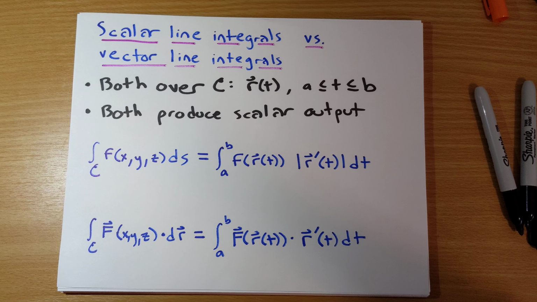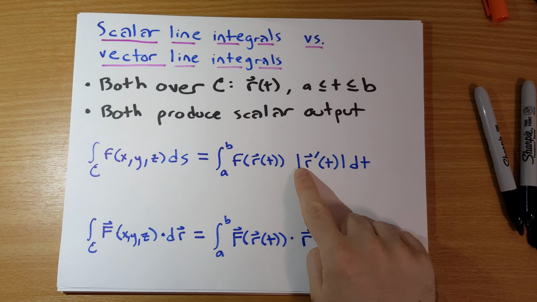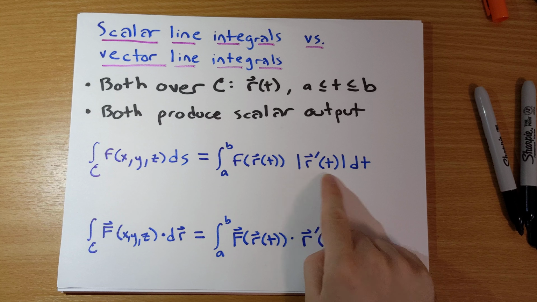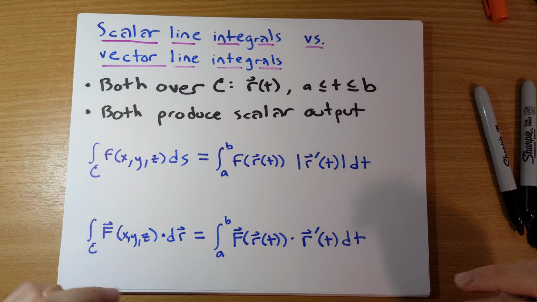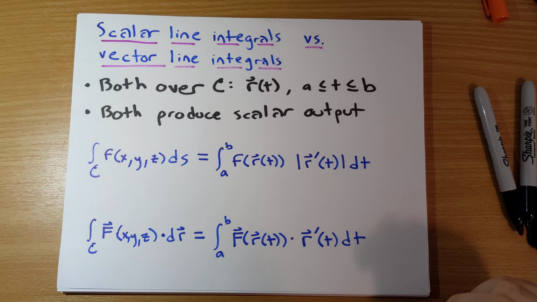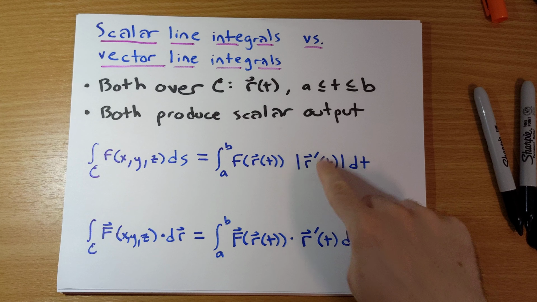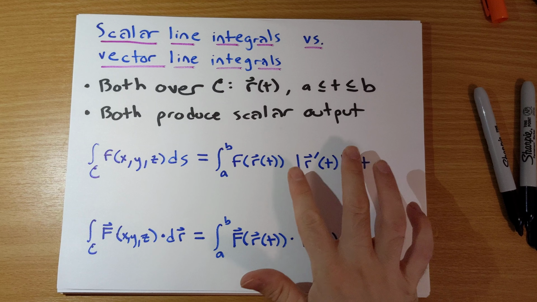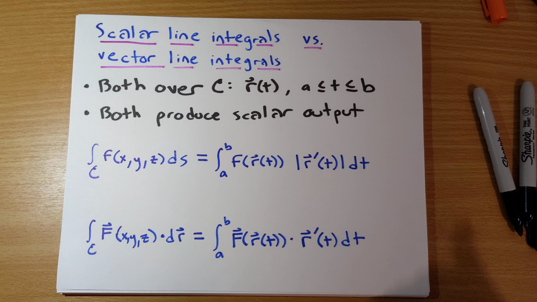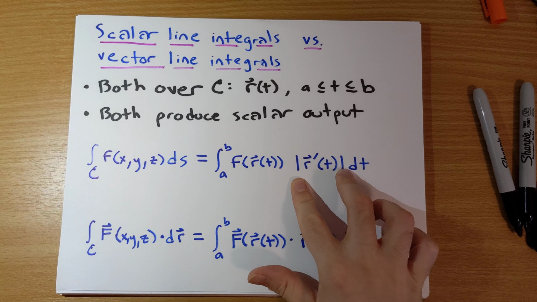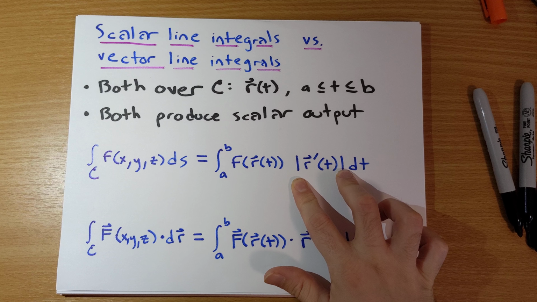One important difference is what we mean by multiplying by the derivative of the parametrization. In the scalar line integral, we can't just multiply by r prime of t because that would be the wrong type of object. We have to multiply by the magnitude of r prime of t.